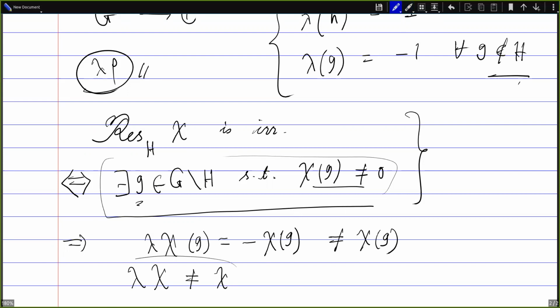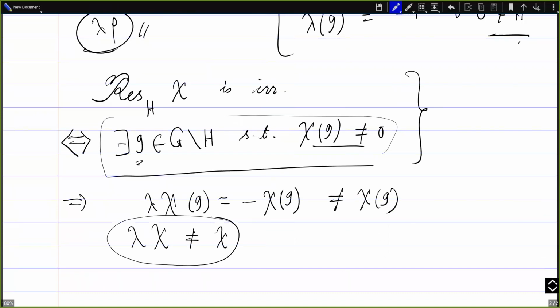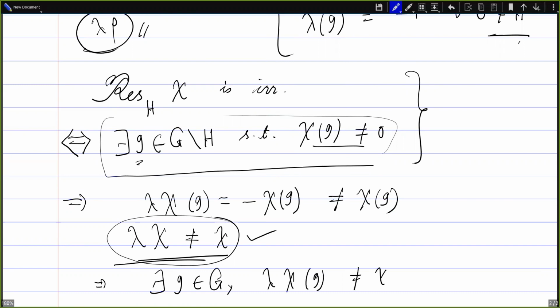Suppose lambda chi is not equal to chi. That means there would be some g such that lambda chi g, which is minus chi g, is not equal to chi g. Let me repeat. We assume this, so there exists a g in G such that lambda chi g is not equal to chi g. What are the possibilities? If g lies in H, then certainly this cannot happen.